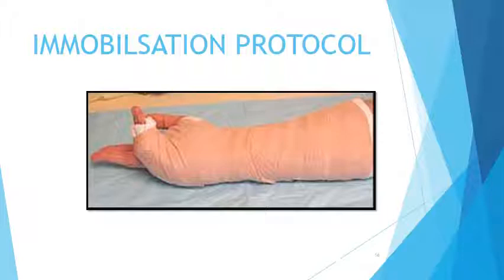Passive flexion will then be continued or commenced with the wrist in slight extension. But be gentle at this stage because remember the tendon has been immobilized and the hand has been immobilized, so the tendon is weaker than what it would be in the early passive or early active protocols.